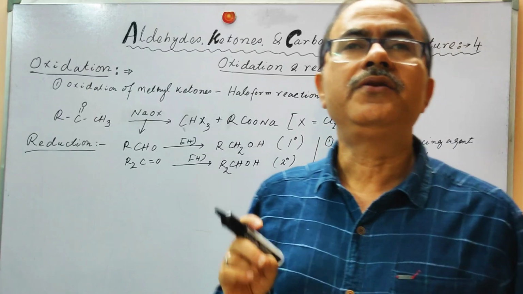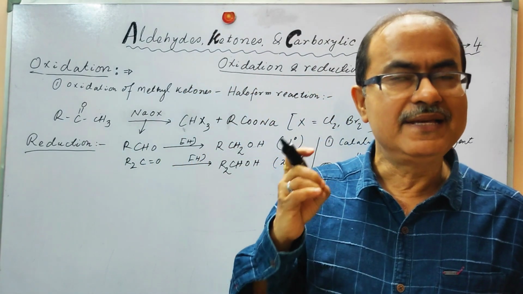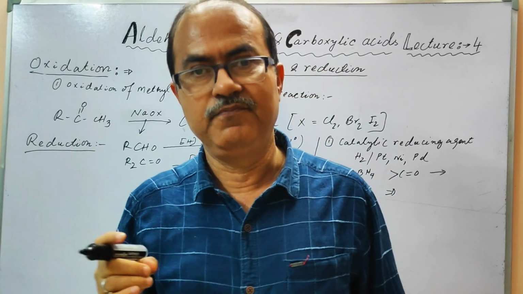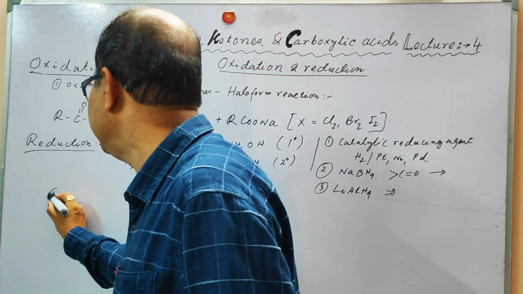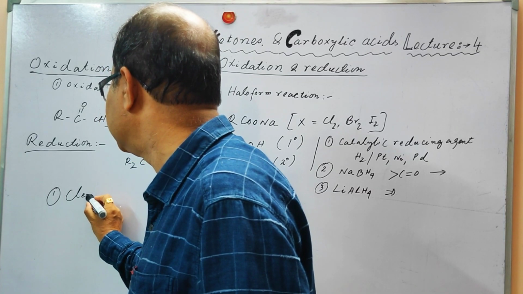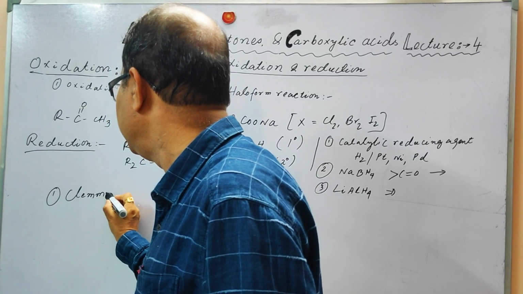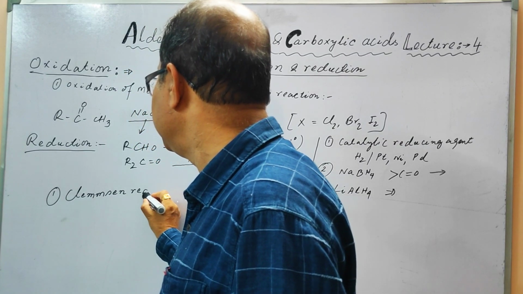Second, aldehyde is not only reduced to alcohol. If we use the proper reagent, as for example, we are now going to discuss a very important reaction, that is the Clemmensen reduction.